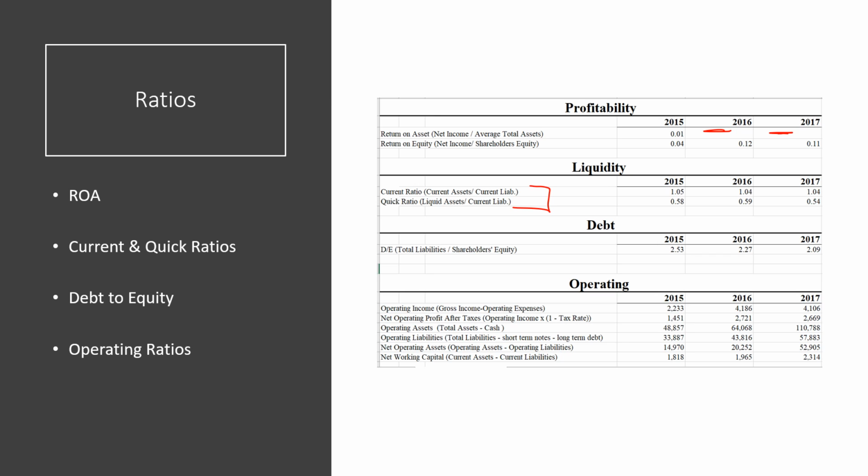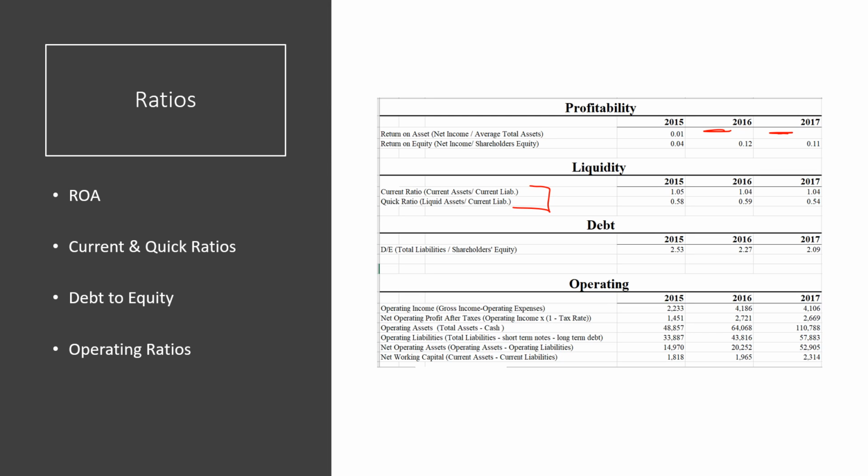So if it has a current ratio of 1, then that means for every $1 of assets, they have $1 of liabilities. And so a 1 is essentially neutral or mediocre, and it helps us determine how well a company would be at paying off its current liabilities.